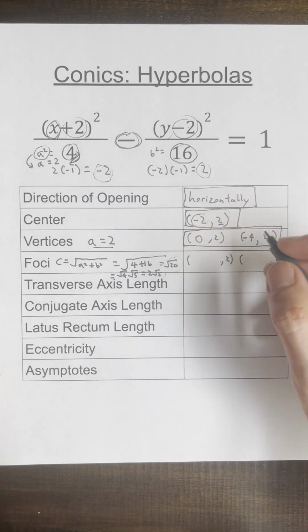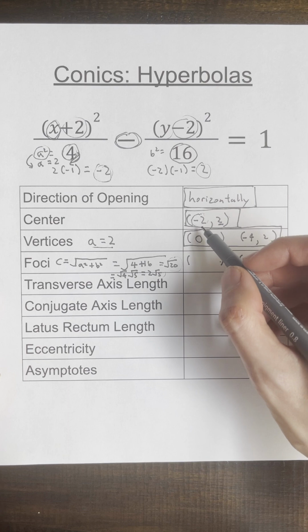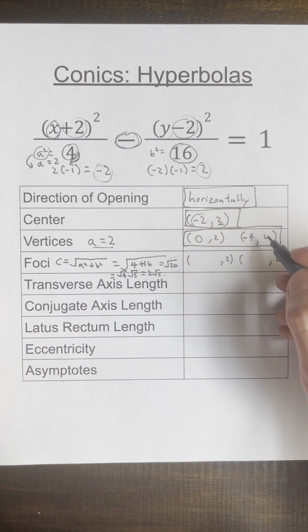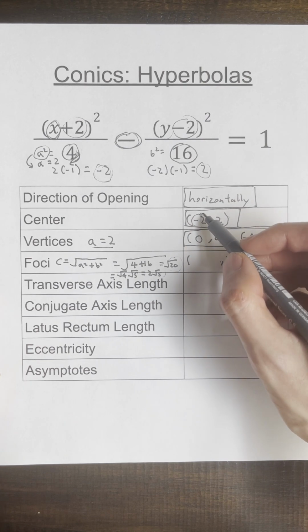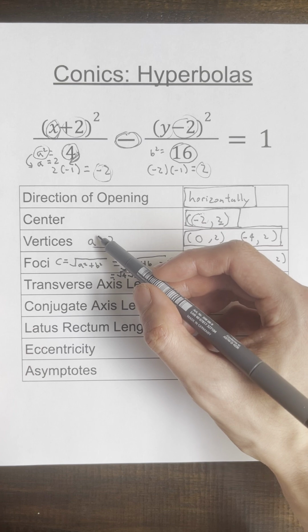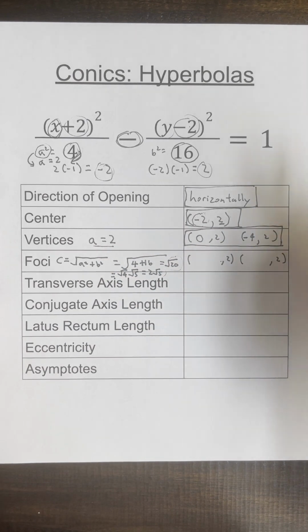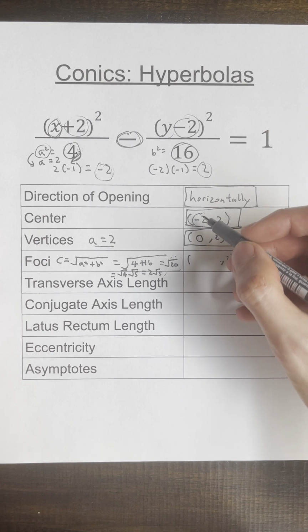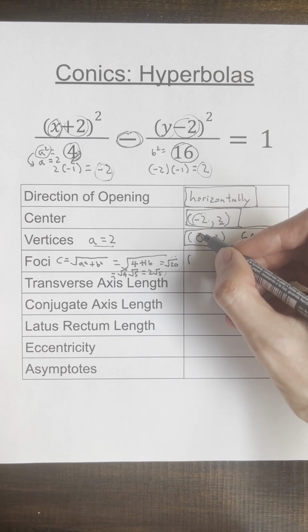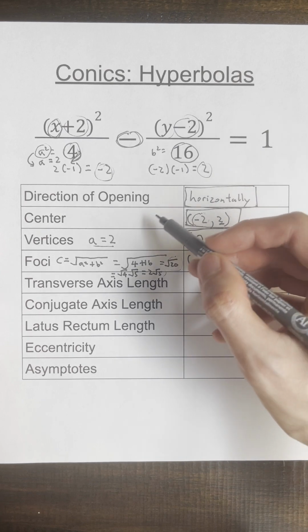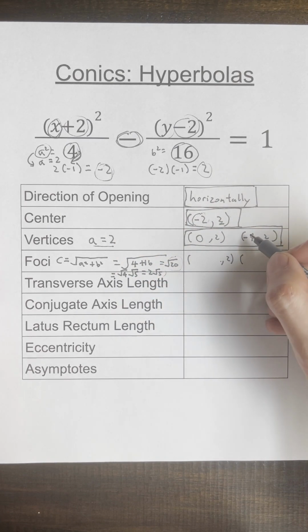So repeat our steps. What did we do to figure out the vertices? What did we do with -2 and a? So to get this, I subtracted. No, wait, I added. I added -2 and 2 to get this. I subtracted -2 and this to get this.